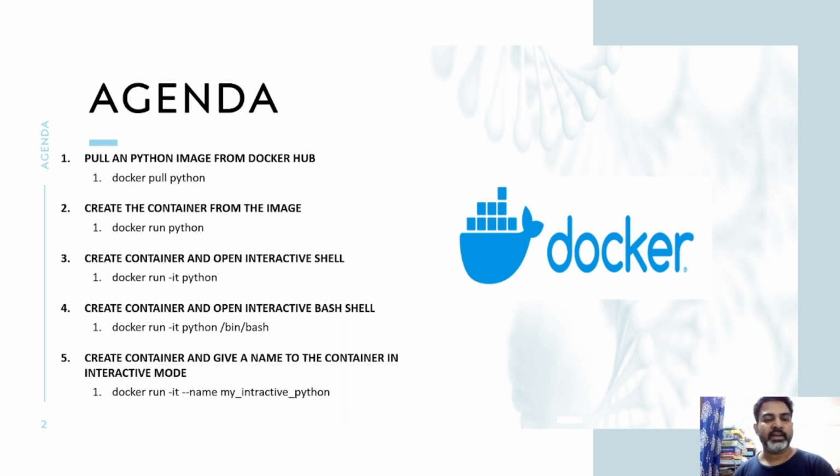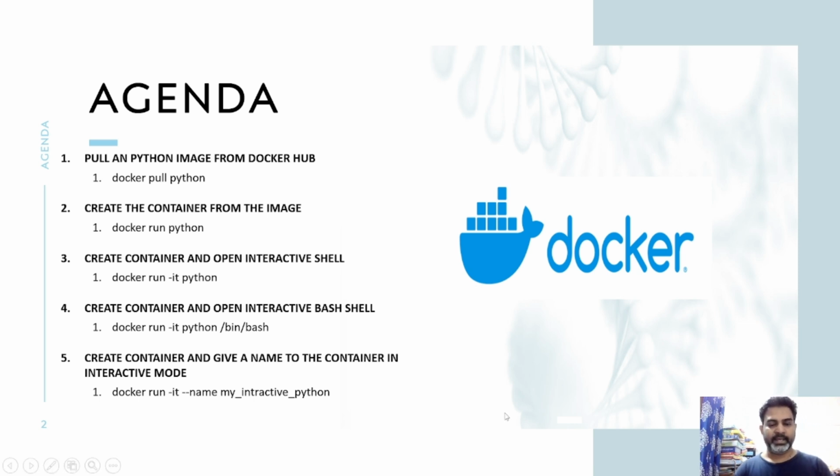So we can pull any of those existing images to create our own container. So the first thing would be pulling that image from Docker Hub to your local machine. Before doing all this, I must say that your system should have a minimum of Docker Desktop installed. That is a prerequisite to do all this practical.